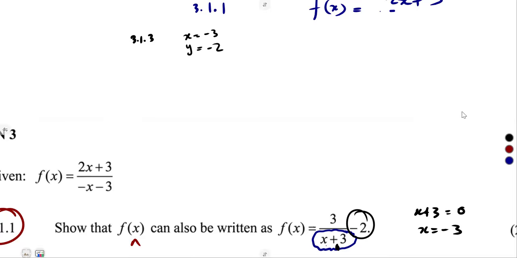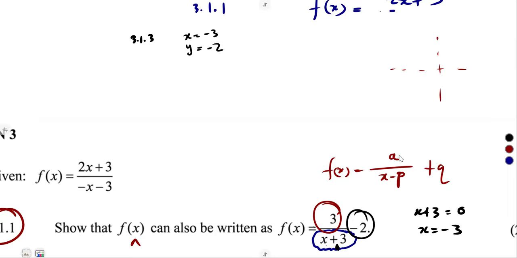Remember, from the asymptotes, if our f of x is equal to a over x minus p, plus q, and if this a is greater than 0, which is a positive, we are going to have our function on this side of the asymptote and also on this side of the asymptote.